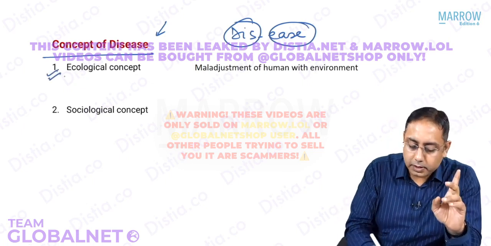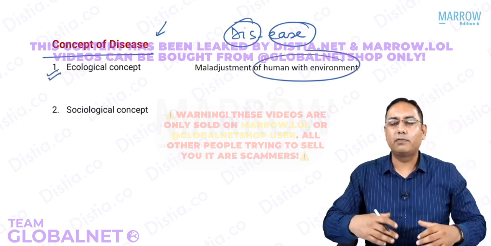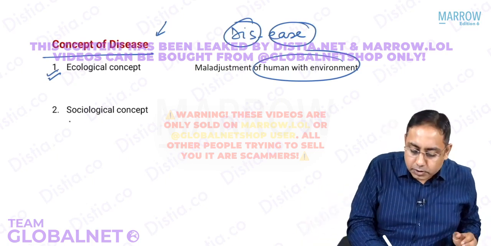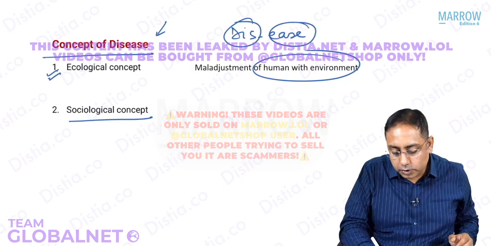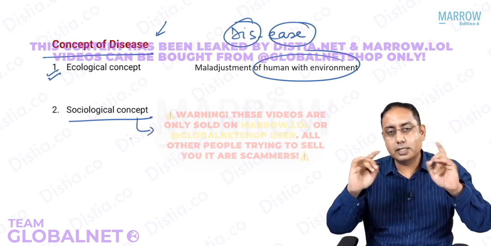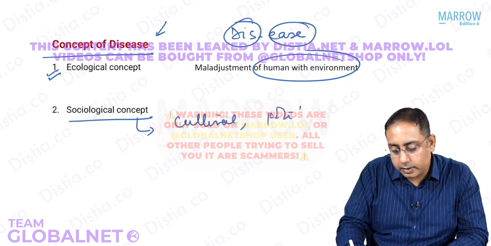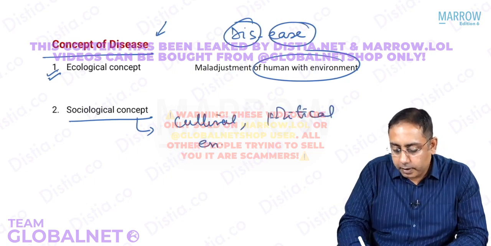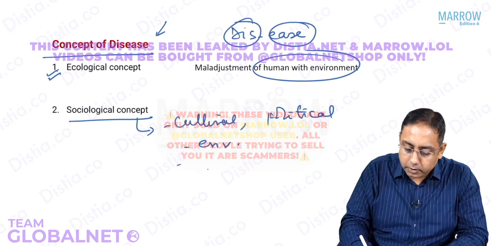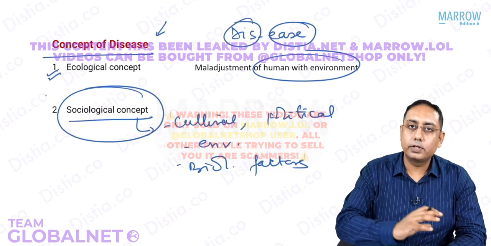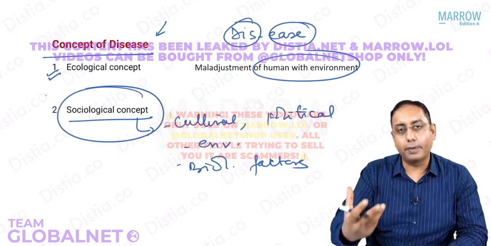One is the ecological concept, where the person is not happy with the environment and becomes diseased. Second is the sociological concept. The sociological concept discusses the cultural factors, political factors, environmental factors, and the biological factors together. So it's the sociological concept of disease which is more prevalent.